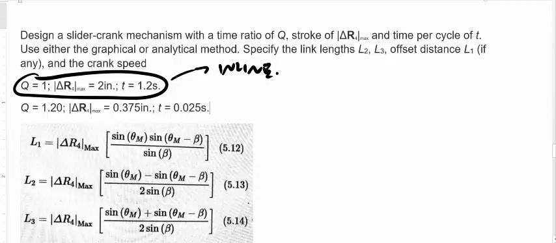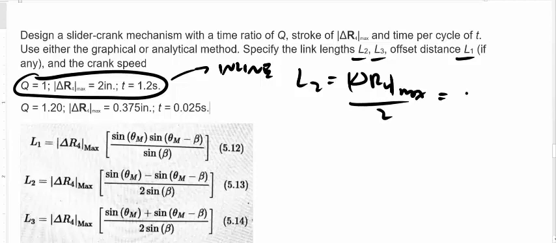Makes things very easy. All that we're trying to figure out is what's L2, what's L3, and what's L1, if any. If it's an inline, there is no L1, so keep that in mind. So L2 from the equation is equal to delta R4 max divided by 2. That would be 1 inch.